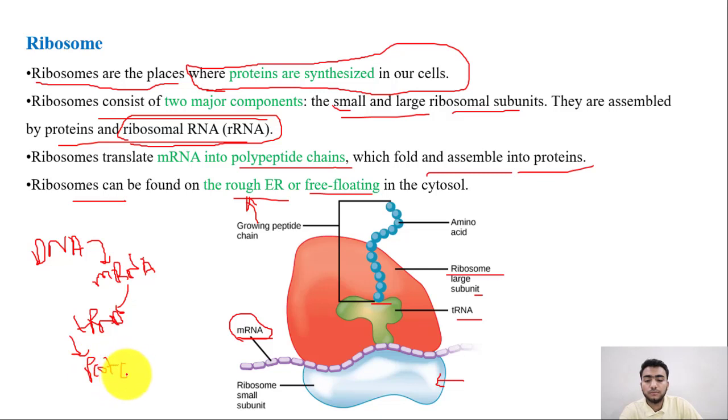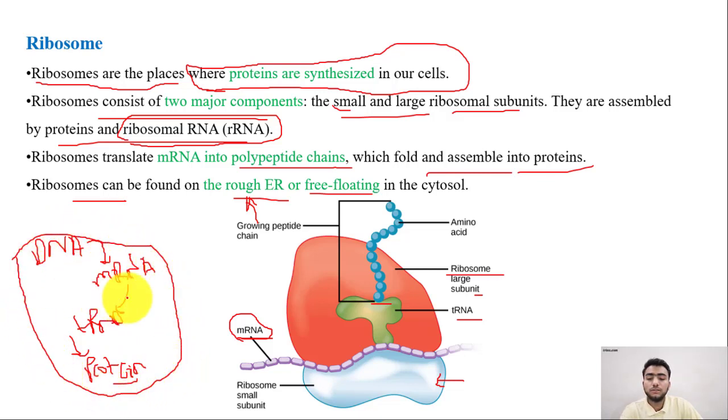This is what I told you is the central dogma of molecular biology. This is an absolutely important concept in molecular biology, and I cannot stress enough the importance of this idea.